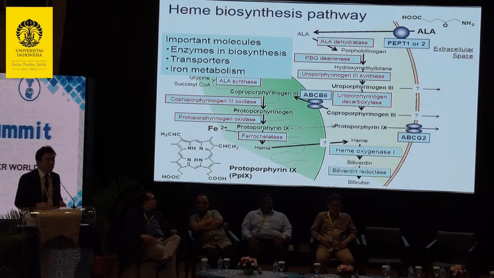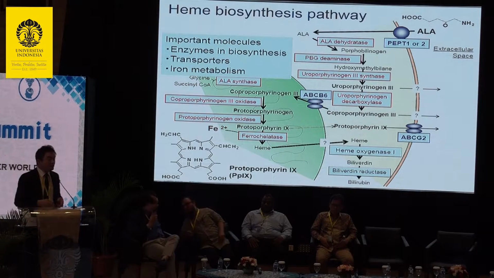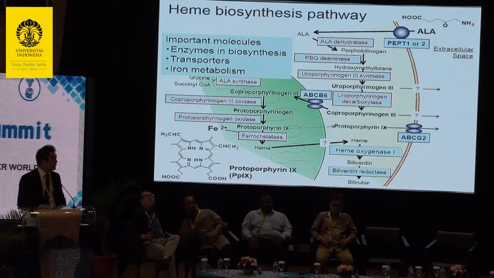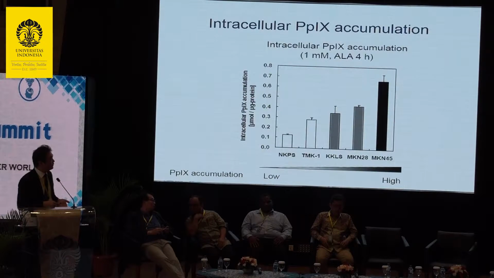Then ALA is converted by enzymes, other metabolite compounds are generated, and finally protoporphyrin is generated. So we checked all the enzymes and all the transporters, and in the tumor there is a possibility they are strange compared with the normal area.